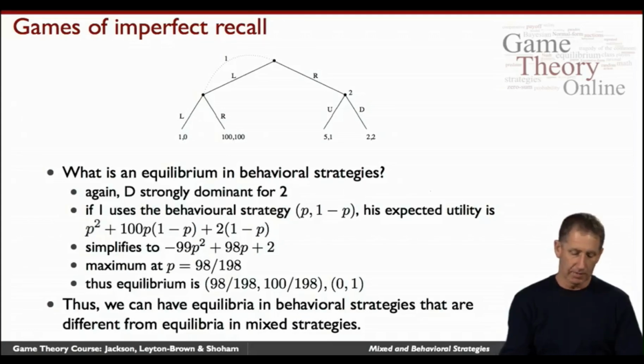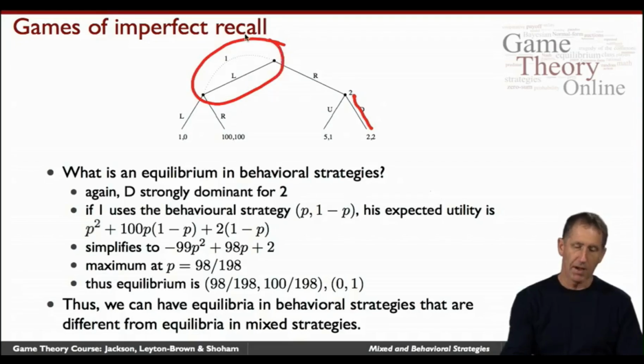They still have a dominant strategy of D, and let's assume they play that. What about player 1? Now, player 1 has the opportunity to randomize afresh every time they find themselves in this information set. So let's assume they randomize somehow, going left with probability P and right with probability 1 minus P.